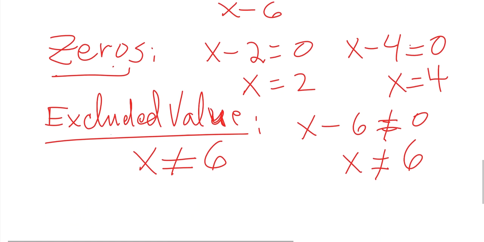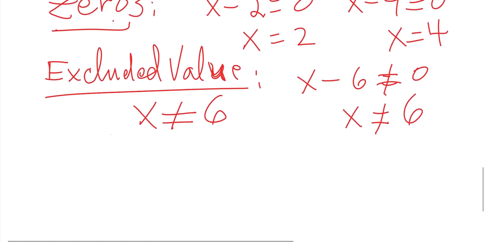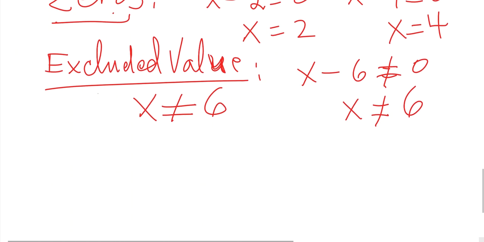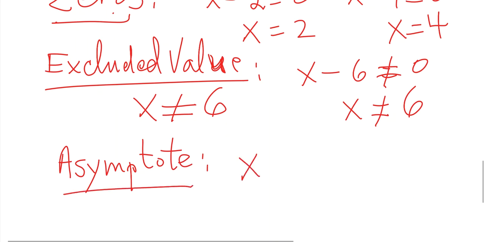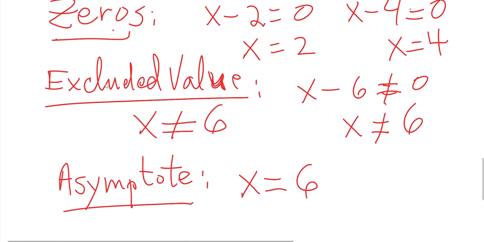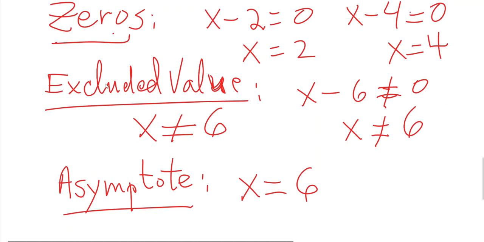Zeros, 2 and 4, excluded value x equal to 6. So just adding one more little dimension to this would be to say that the asymptote is x equal to 6. There we go. Very cool. I think you should have the idea of this by now.